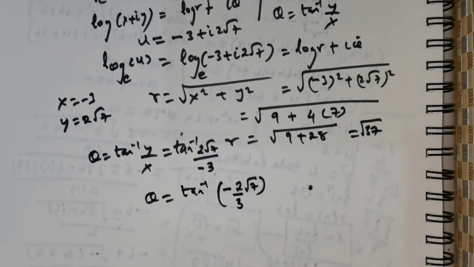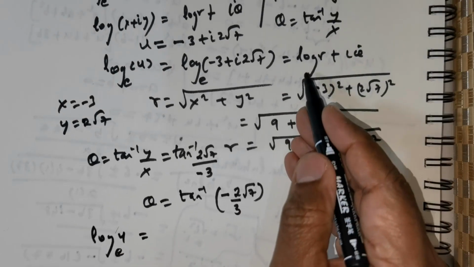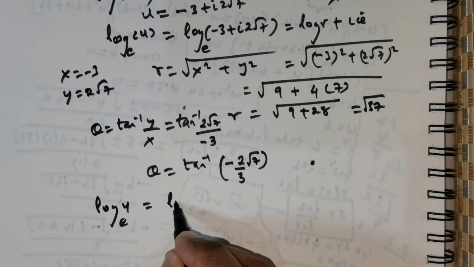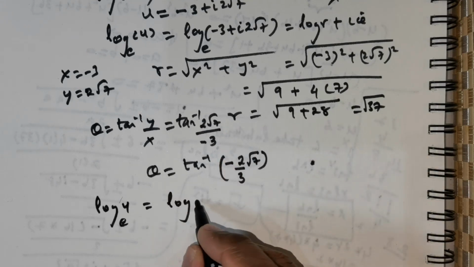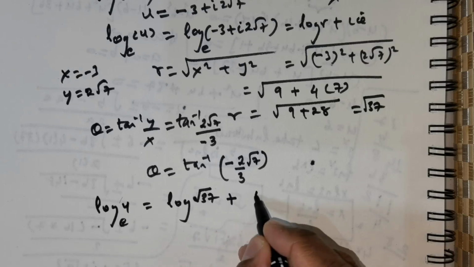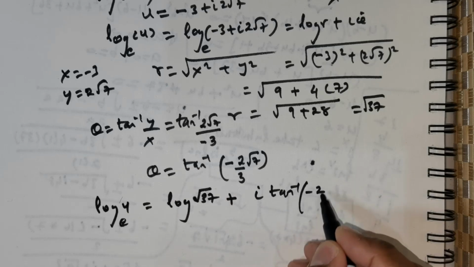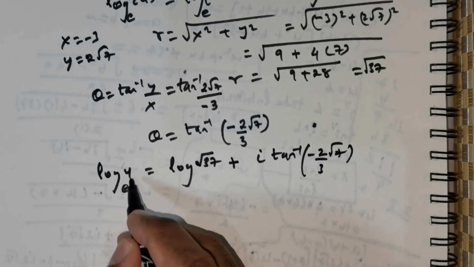If you were to write the final answer, log of u to the base e is equal to log r plus iθ. In place of r I place root of 37, plus i times my θ, which is tan inverse of negative 2 root 7 over 3. So this is what I've got.